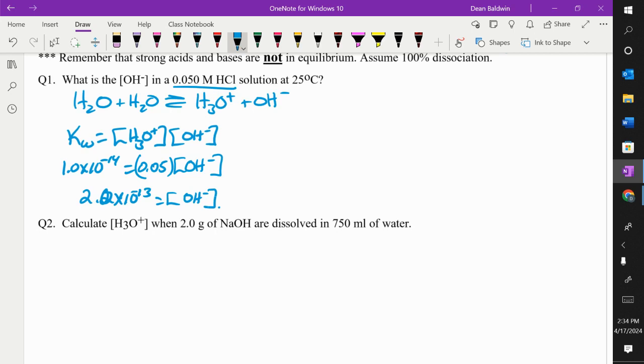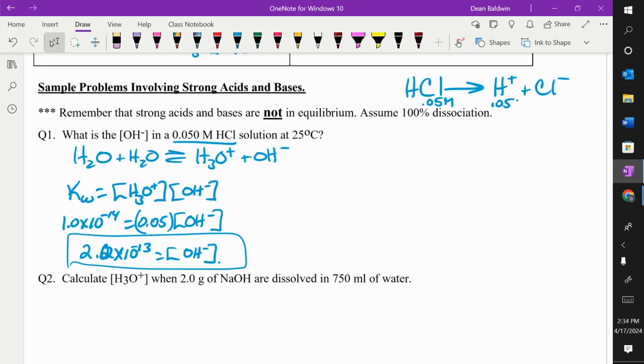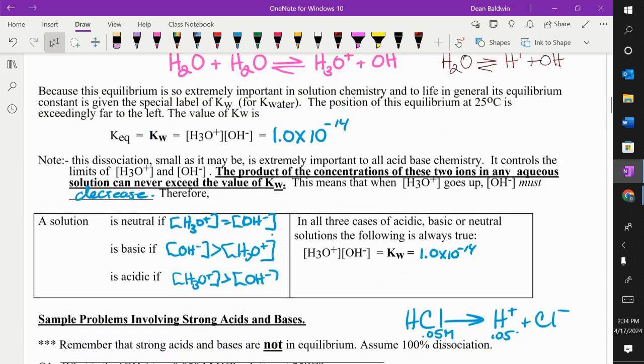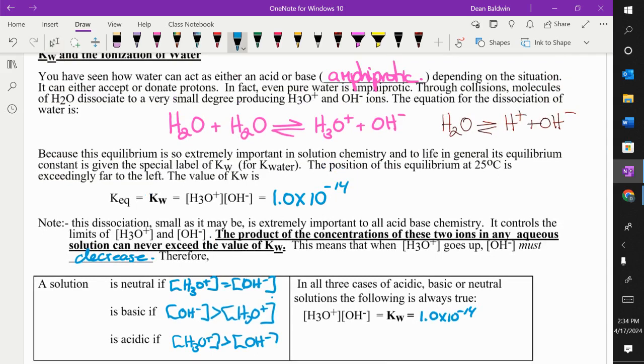You know what we should do? Just for comparison, hold that number in your head. Go back up here, Kw is equal to this, based on this equilibrium. What's the concentration of H3O plus here? We don't know. We can just say X. What's the concentration of OH minus? X. Right?